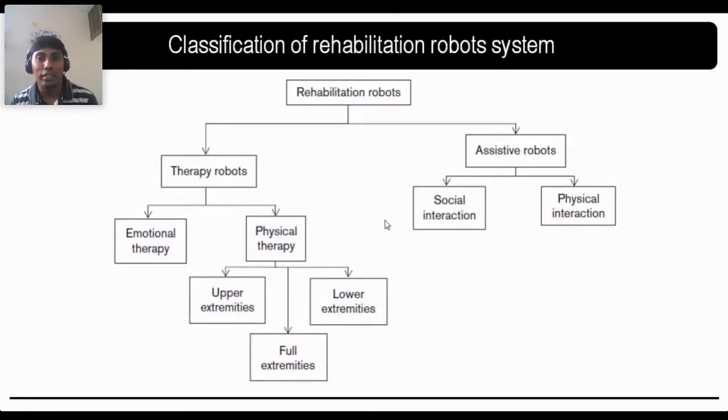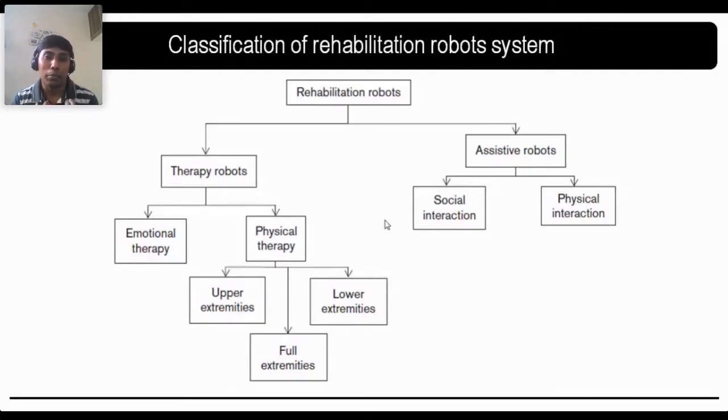The other is to assist in terms of your physical enhancement or social enhancement. In that sense, rehabilitation need not be only a therapeutic robot, it can even be an assistive robot. For example, a wearable exoskeleton can enhance physical interaction with the environment. Or you can see some kind of humanoid robot interacting with human beings.